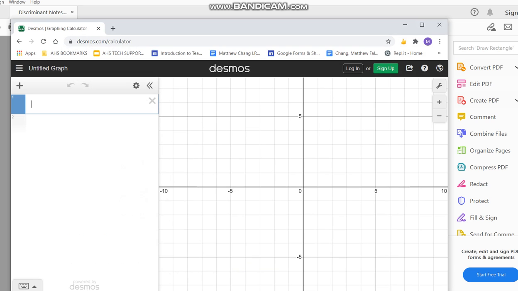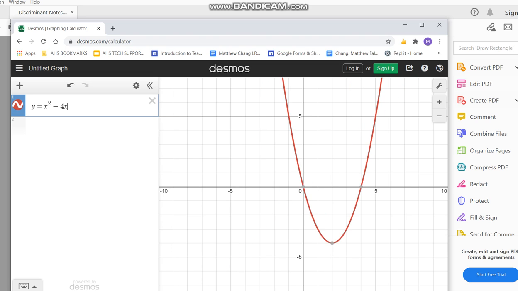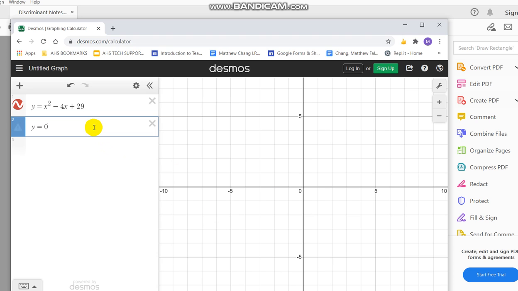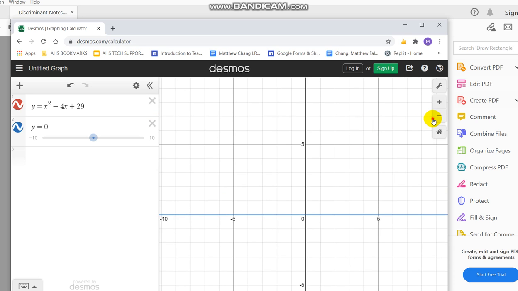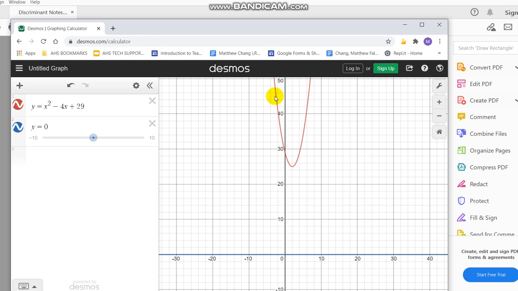If I were to graph that equation for you, I'm going to graph the left-hand side. The left-hand side says y equals x squared minus 4x plus 29. And then I graph the right-hand side of the equation, and that's just y equals 0. As you can see here, if I zoom out, this implies that if we were to graph it, we don't have any solutions.